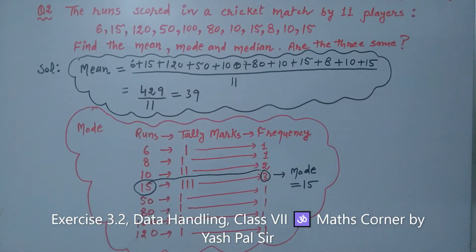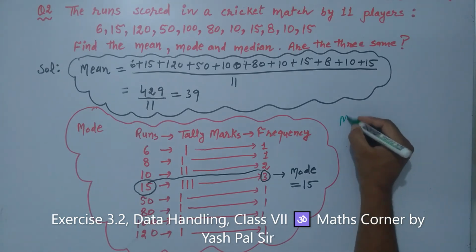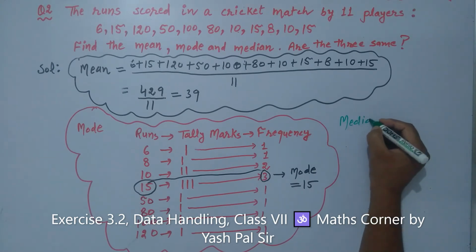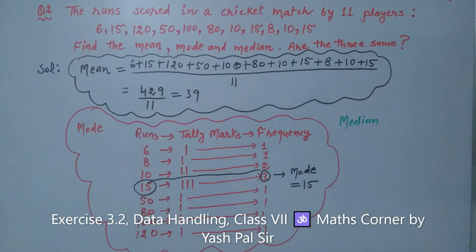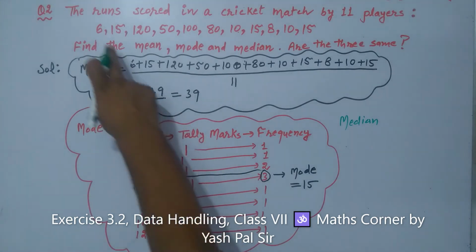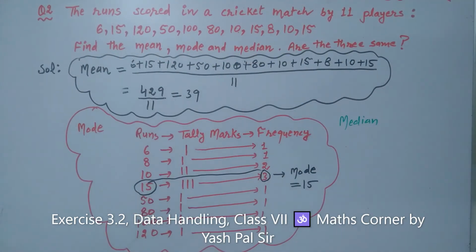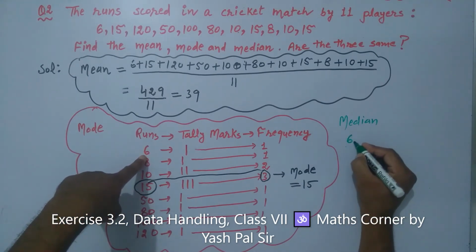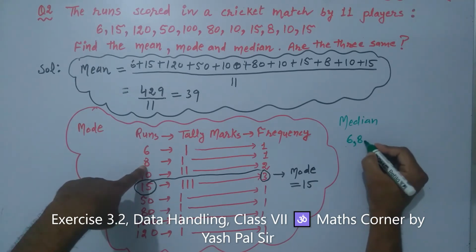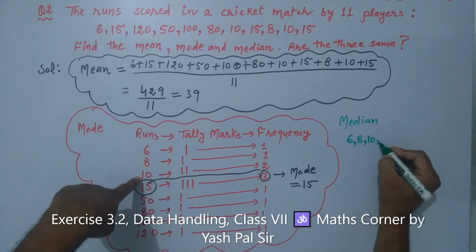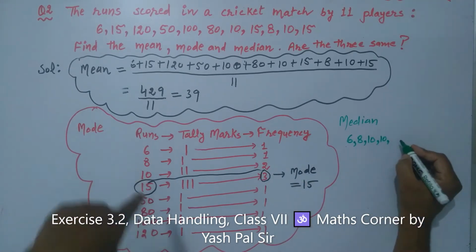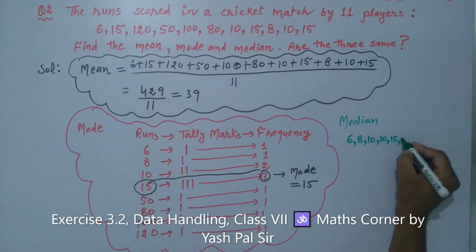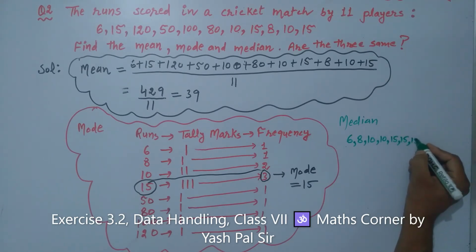Now lastly find the median. So how to find the median? This is the last part. First of all, what we do, we arrange the observations in ascending order. So first of all we write 6 one time, 8 one time, 10 two times, 15 three times, 15 15 15.